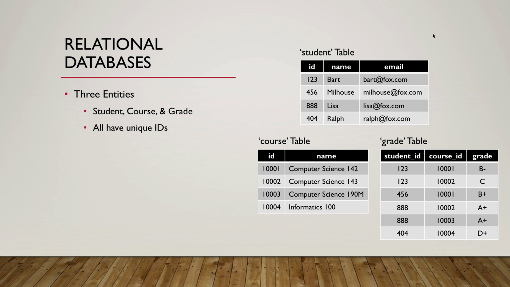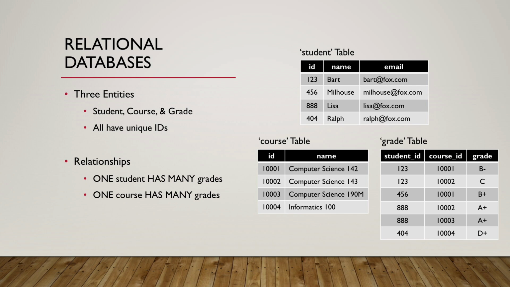Bring it all back to a central place. Instead of having 2 different rows that listed Bart, we now just have Bart and his email in one place. And then he's connected to those particular rows through the grade table, where we see his ID shows up as having taken course 10,001 and 10,002, and then he earned these grades in those courses. So it's all connected together.